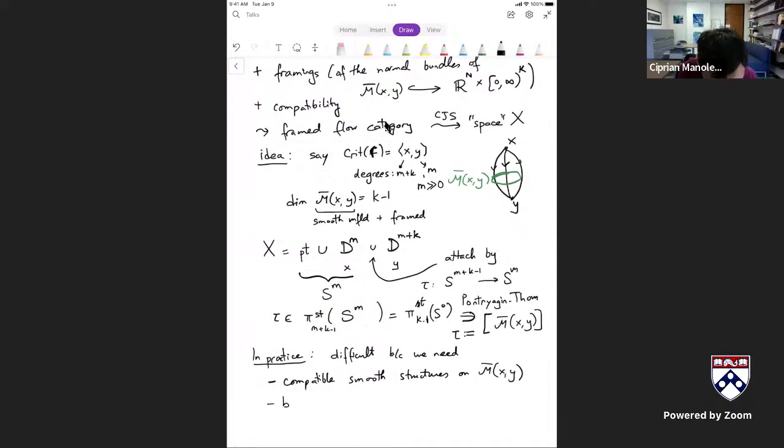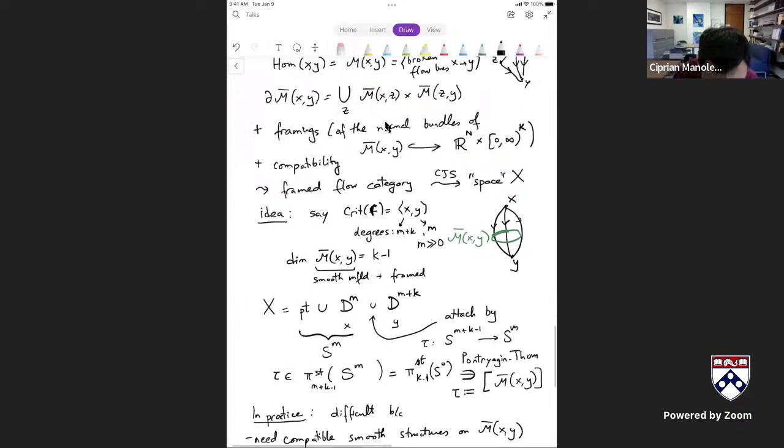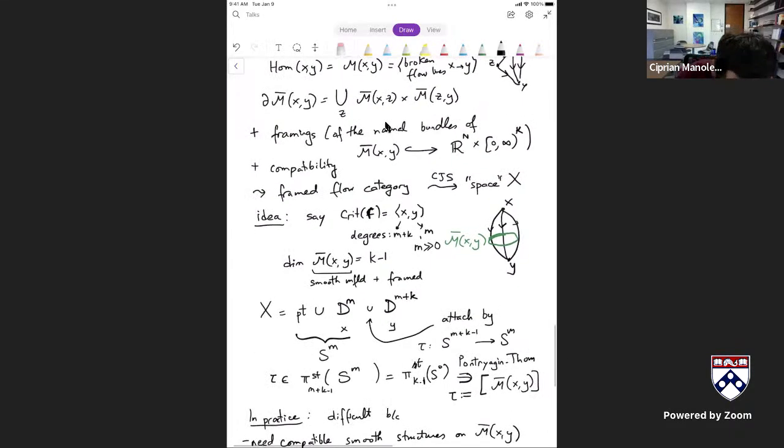Another issue is that, let me write it differently. This is because we need this, and also because we have bubbles. So the compactification, maybe I should give a name to this equation for what the boundary should be. It might not be quite true.